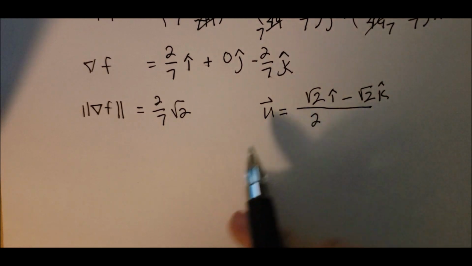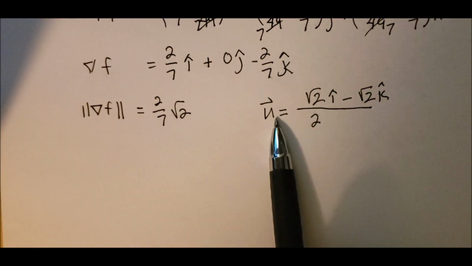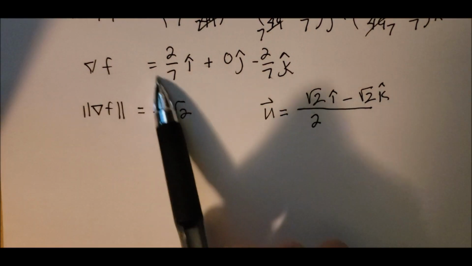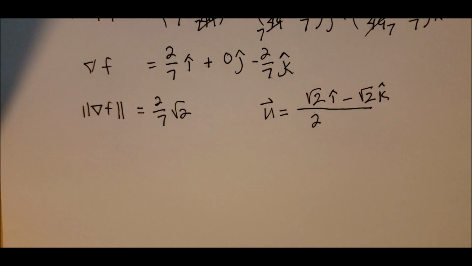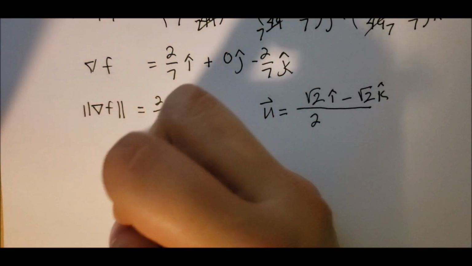So now I'm going to dot the gradient and the unit vector in the direction to make sure that I'm getting the derivative in that direction. And it's increasing most rapidly.